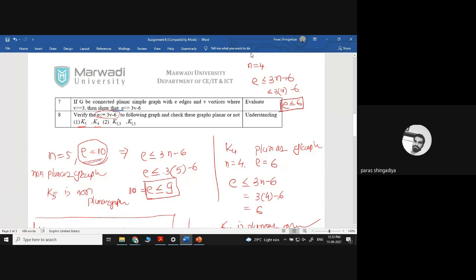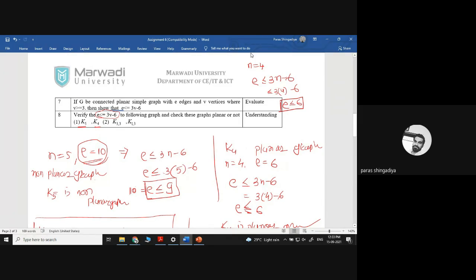So it is 3 times 4 minus 6, which is equal to 6. It means the graph should contain up to 6 edges, then this graph will be called a planar graph. If it contains more than 6 edges, then it is called a non-planar graph.